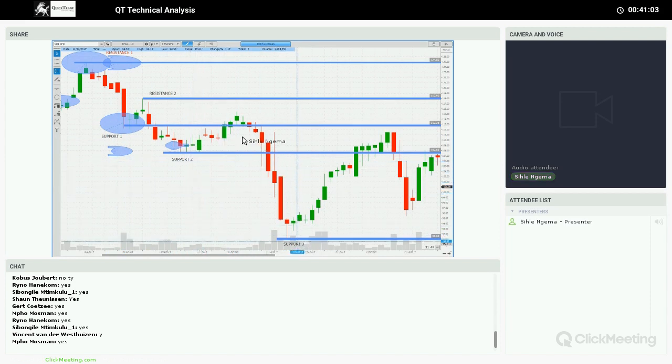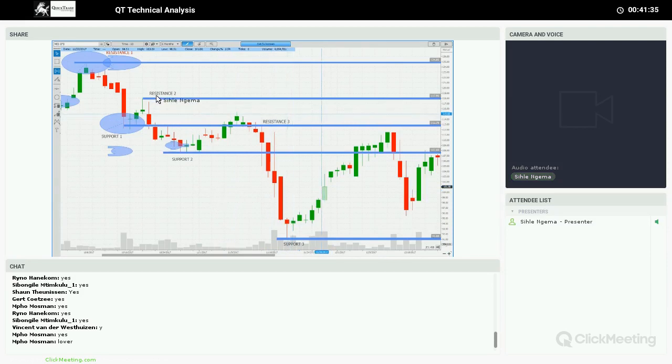That means that now if I want to trade a short, support 1 is going to be a newly found resistance. So support 1 is my newly found resistance, which is going to be resistance 3.